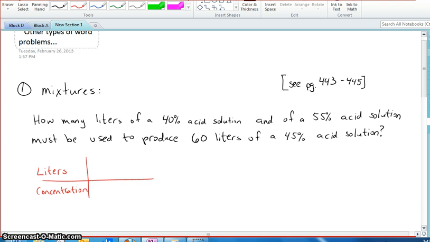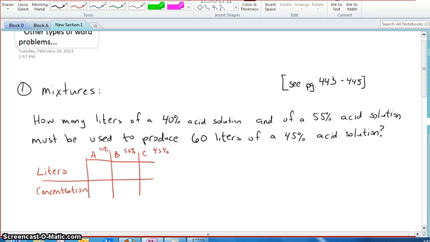Okay, so if I'm looking at my first one, I'll call it A and B again. A, B, and C. Okay, my first solution, 40%, right? My second one is 55%, and together they're going to make something that is 45%.